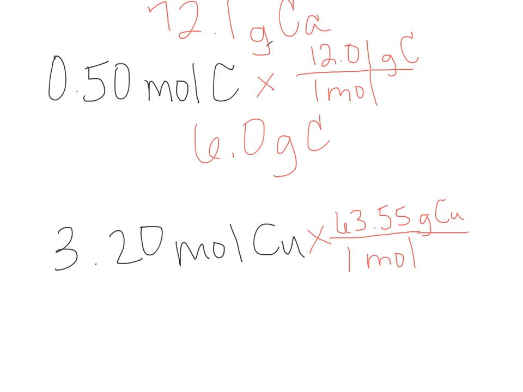Okay, 63.55 grams of copper. Now we multiply 3.20 by our numerator here, 63.55. That leaves us with an answer of 203, we'll round it off, 4, and that's grams of copper.